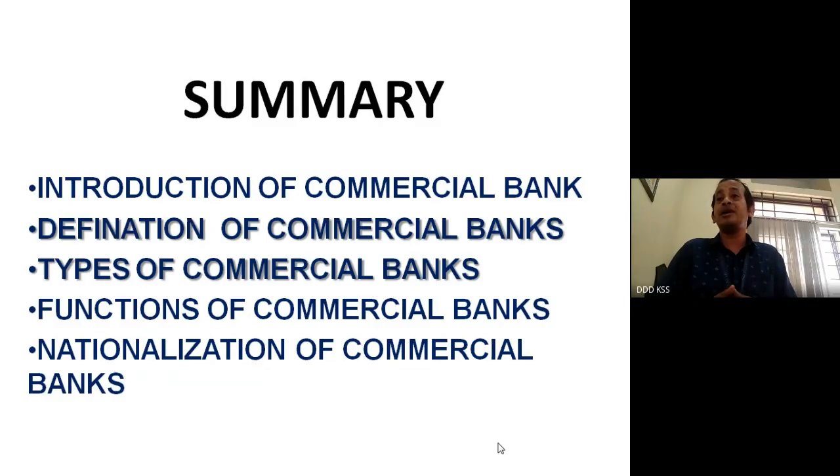Then the functions of commercial banks we have gone through in detail, and we discussed broadly two functions: primary functions and secondary functions. In the primary functions, we discussed two broad categories: accepting deposits and advancing loans. In accepting deposits, we discussed savings deposit, time or fixed deposit, and current deposit.